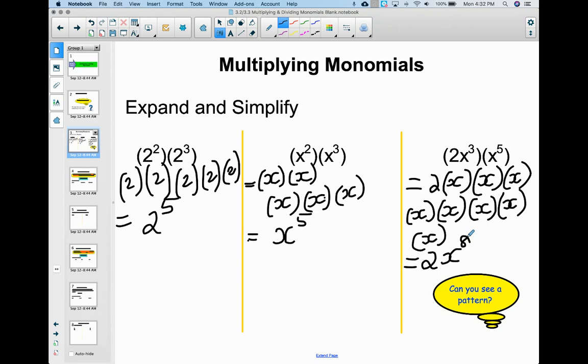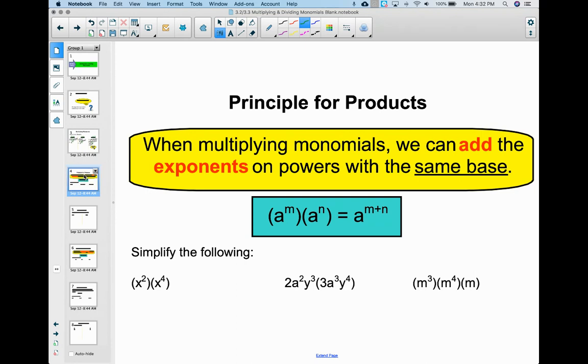Now, can you see a pattern between the powers that are initially given to us and the power in our final answer? Same way, here are the 2 powers and the final answer, and the 2 powers and the final answer. If you have seen the pattern, then you are correct.